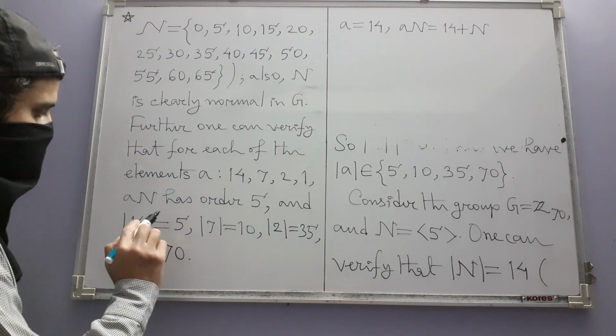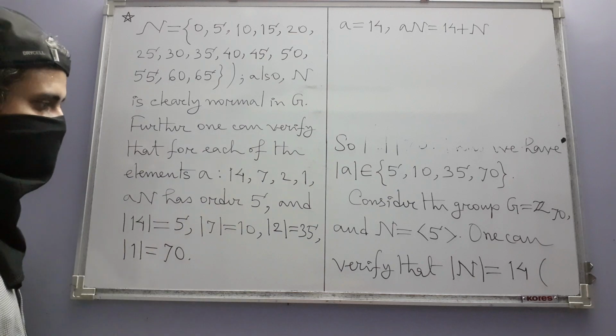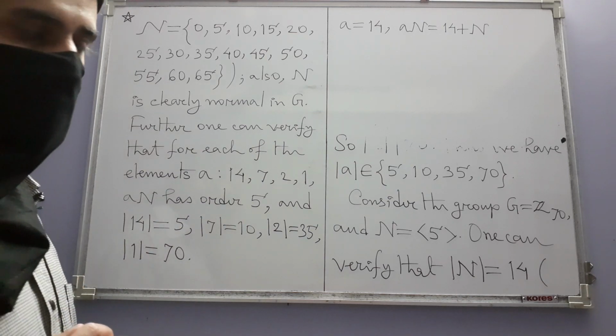Now when we are saying that An has order 5, that means what?